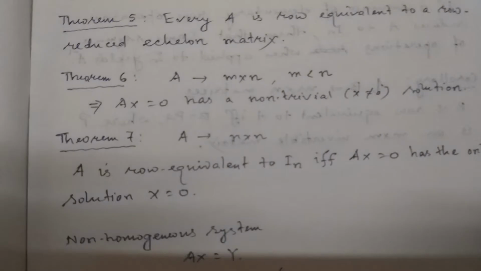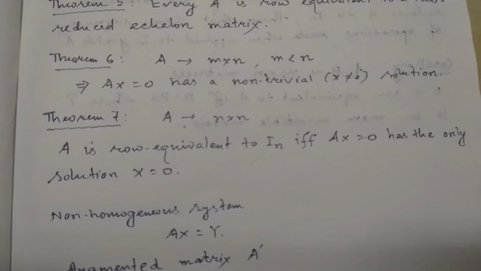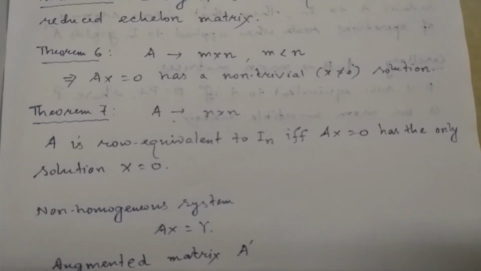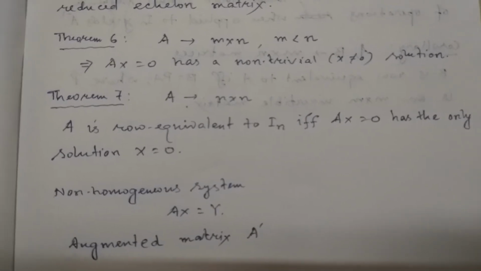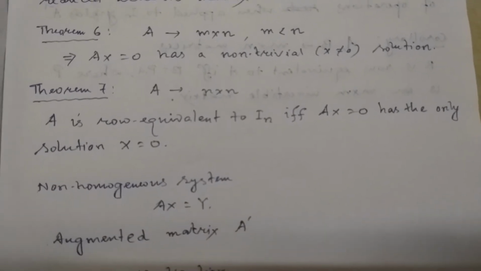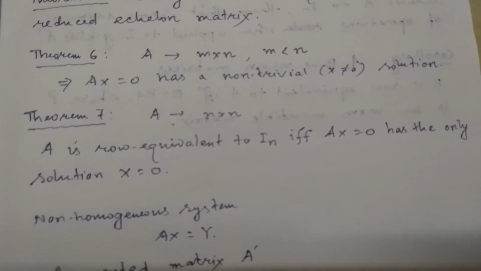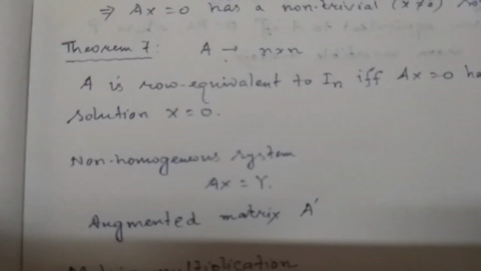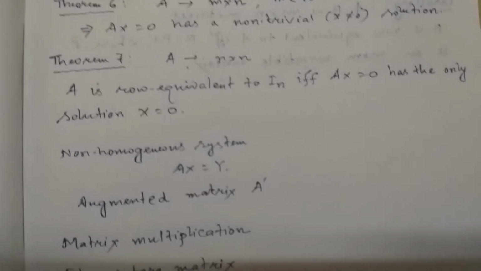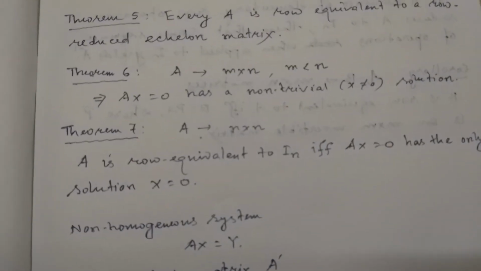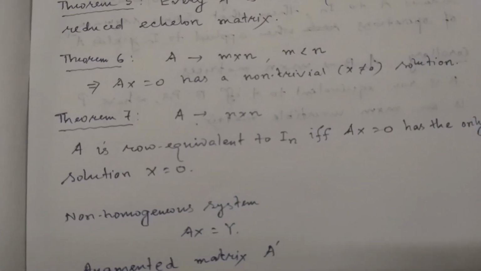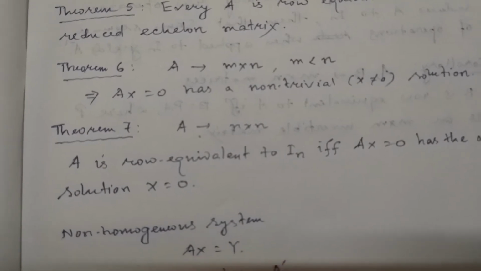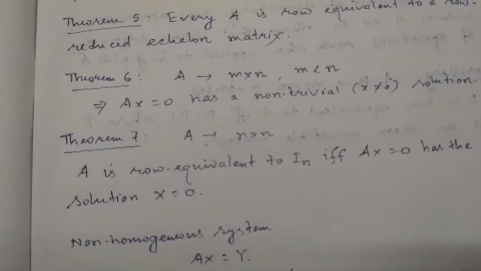A homogeneous equation always has the trivial solution x = 0. So the question is whether it has a non-trivial solution x not equal to 0 or not. If the number of rows is less than the number of variables, it has.